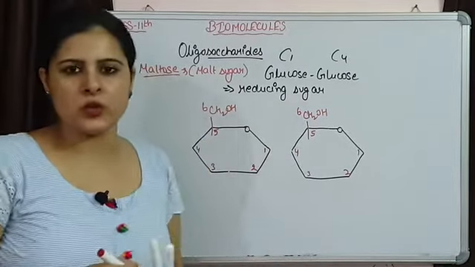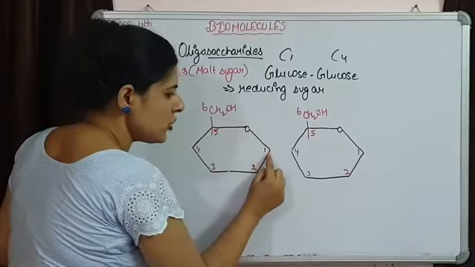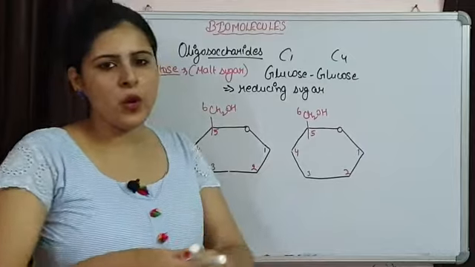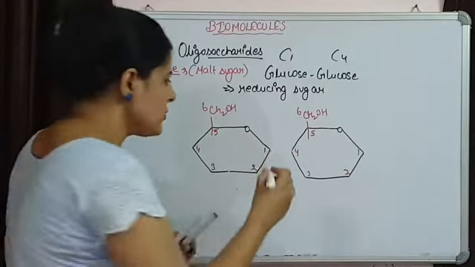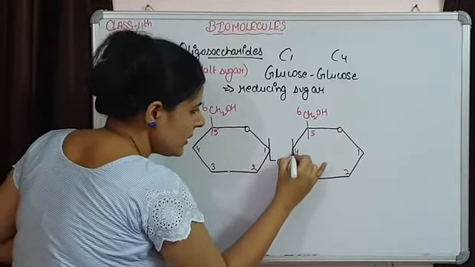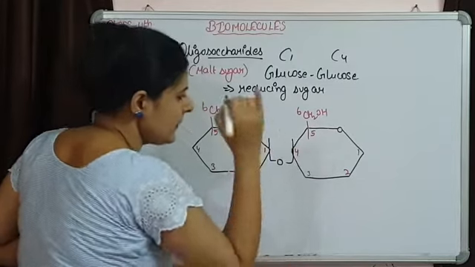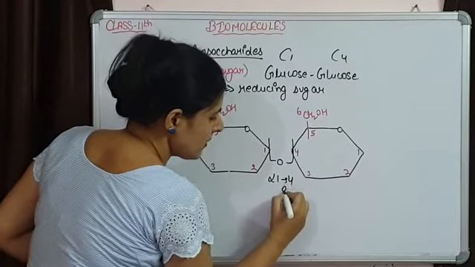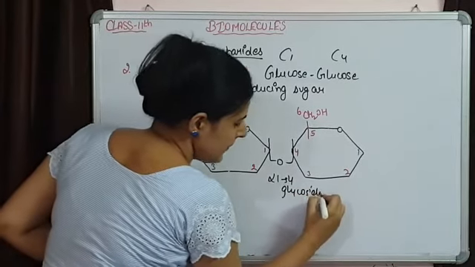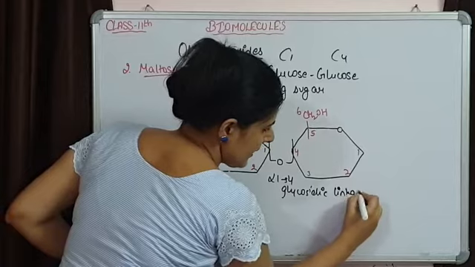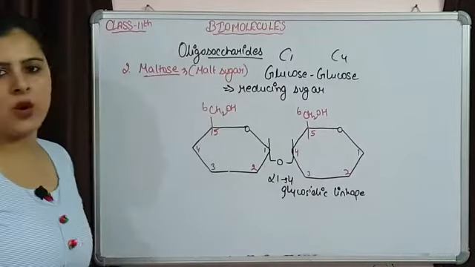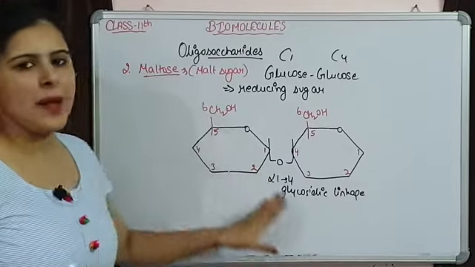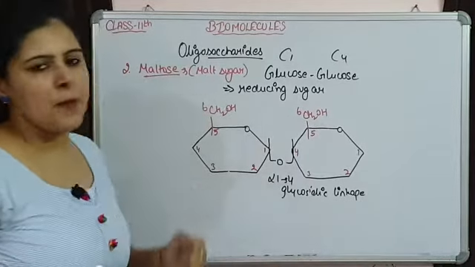This one is involved and this one is involved. That's why I am saying there is an alpha 1,4 linkage. So this is how the bond is formed between these two. It's an alpha 1,4 glycosidic linkage occurring between two glucose molecules. So this is another disaccharide, maltose, also known as malt sugar.